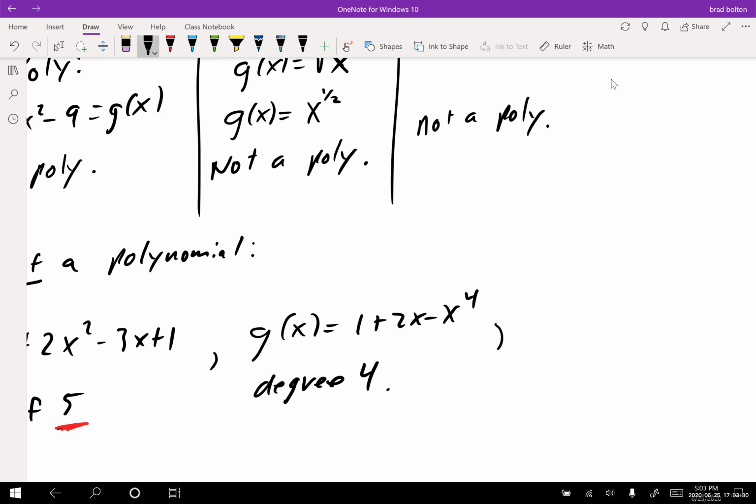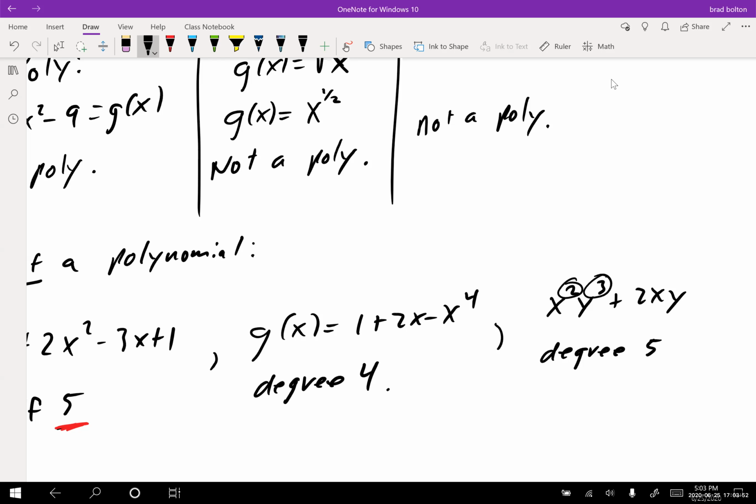Now, there's a slightly different problem, where if we had x squared y to the 3rd plus 2xy, well, this would be a polynomial expression. This would have a degree of 5, okay? Because 2 plus 3 is 5.